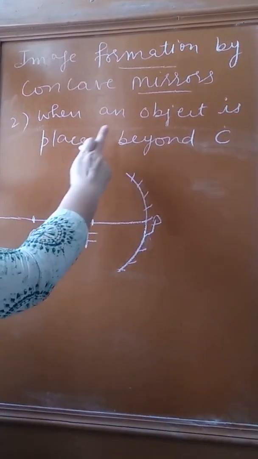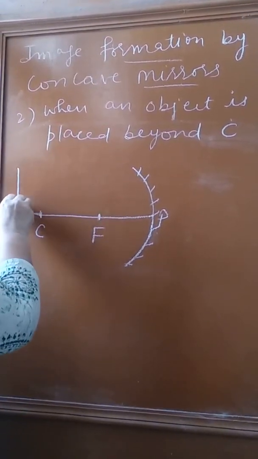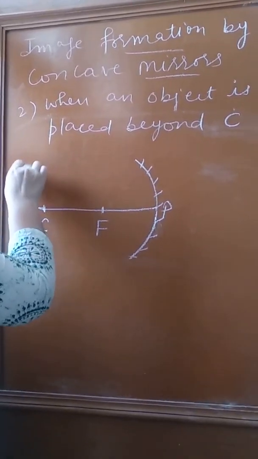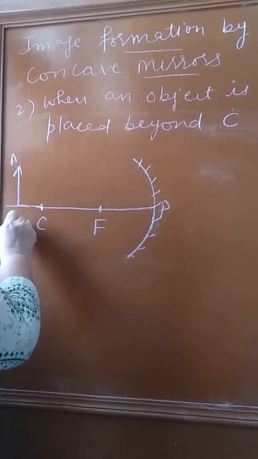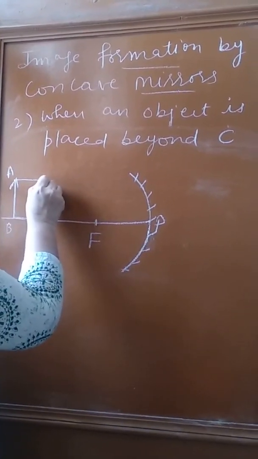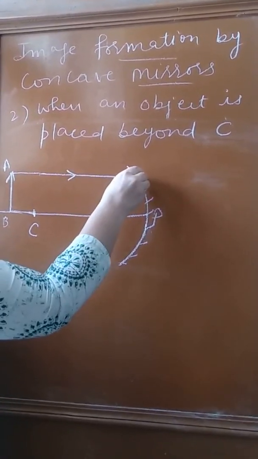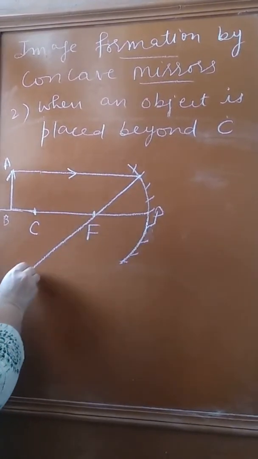The object is placed beyond C. C से पीछे पड़ा है object. Now, consider an object AB beyond C. First ray parallel to principal axis passes through focus.